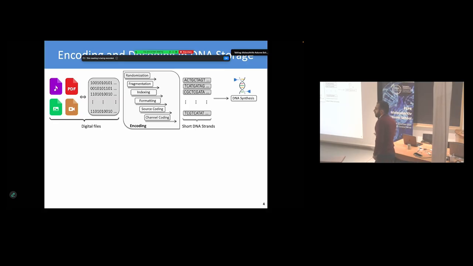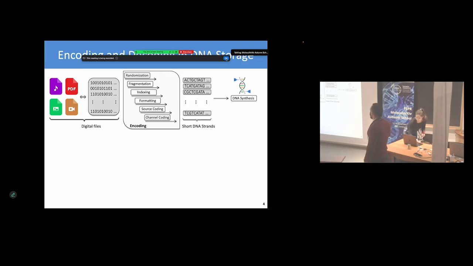So let's start by going over the encoding and decoding procedure in DNA data storage a bit. We typically start with some binary file that we want to encode in the form of a collection of short DNA strands. The reason why we want these strands to be short is because of synthesis limitations, as we have discussed throughout the school.